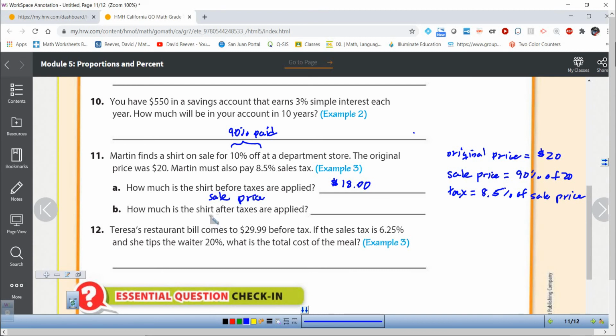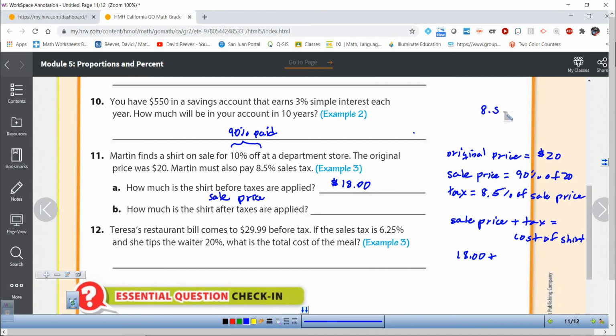All right, how much is the shirt after taxes are applied? What we're going to have is the sale price plus the tax is going to be the cost of the shirt, right? The sale price we said was $18. The tax is what percent? 8.5%.